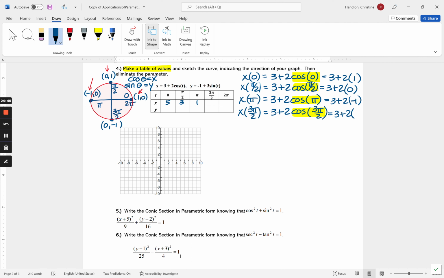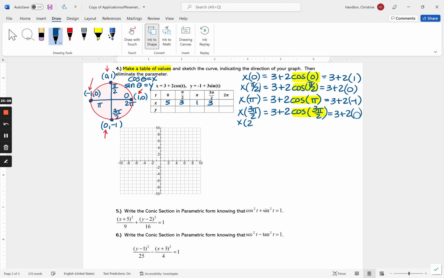So the x value again at 3 pi over 2 over here is 0. What is that going to be? 3.